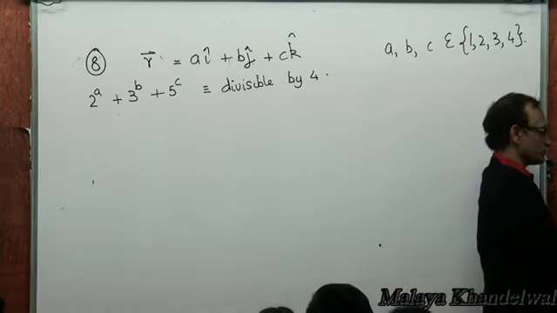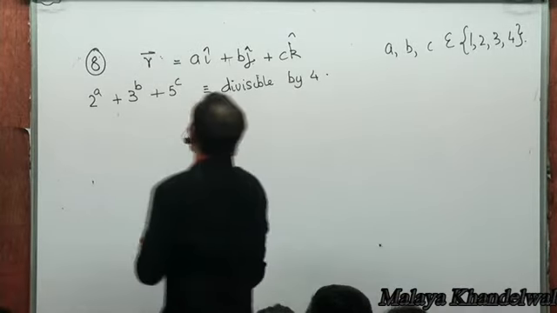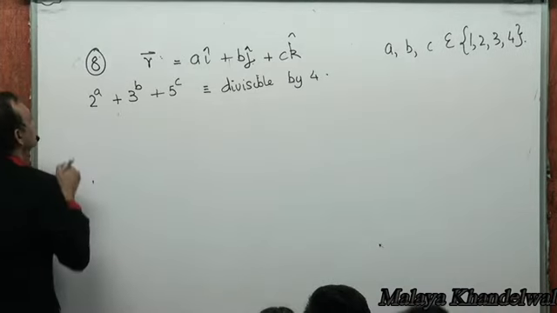That is what we want here. How many such position vectors exist? Now this is a very simple problem.